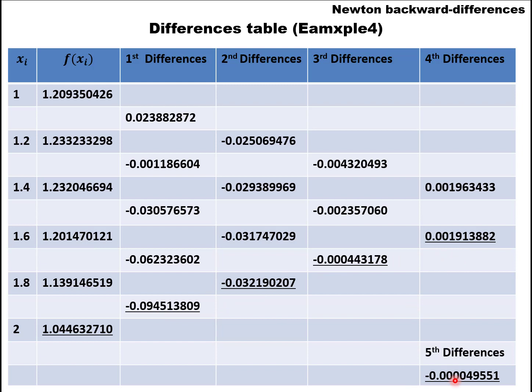And your formula, this is nabla f of xn, which is f of xn, f of x5, nabla f of xn, nabla square f of xn, nabla cube f of xn, nabla raised to the power 4 f of xn, and nabla raised to the power 5 f of xn. These are the values which we will be using in our interpolation.